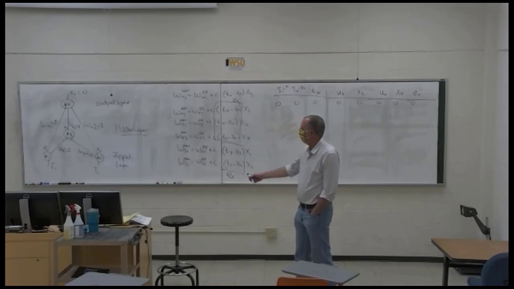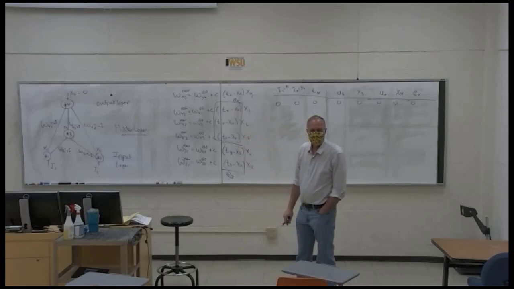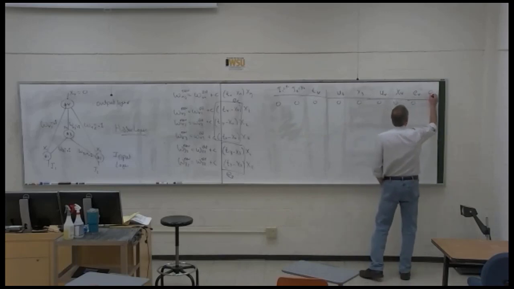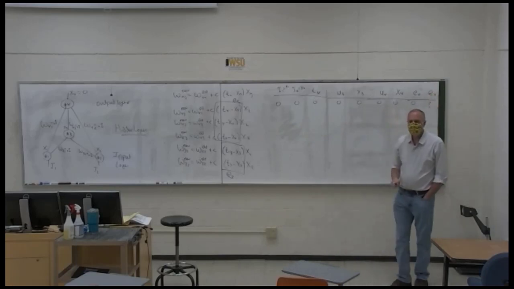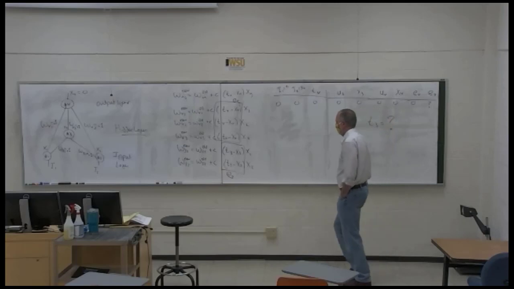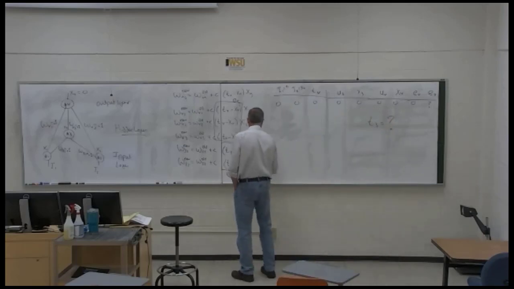What we're really asking is, what do we want coming out of 3 that's going to give us the right answer? We don't even really have a right answer for 3, do we? So we don't know a target, so we can't calculate E3, because we don't know T3. So we're stuck. We can't do these.